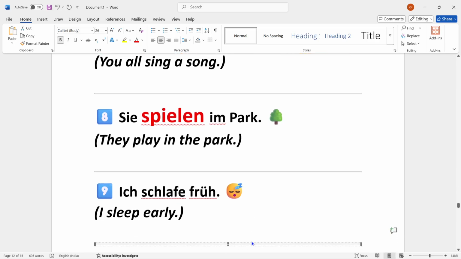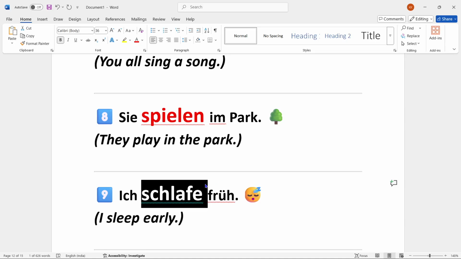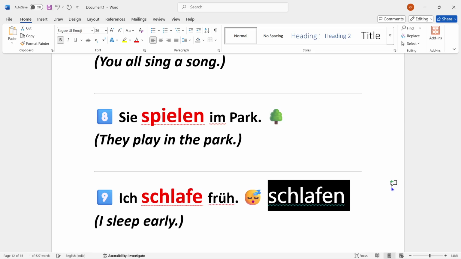Ich schlafe früher. This is a conjugated verb with ich. What is the infinitive? Schlafen. Yeah, schlafen is the infinitive verb.